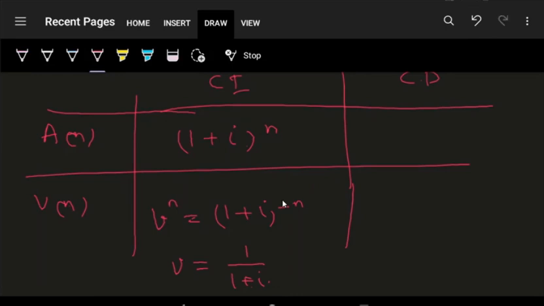In the case of compound discount, the accumulation factor is (1 minus d) to the power minus n, and the discounting factor is (1 minus d) to the power n, because 1 minus d is less than 1, that's why the power is positive here. The 1 year discount factor is 1 minus d.